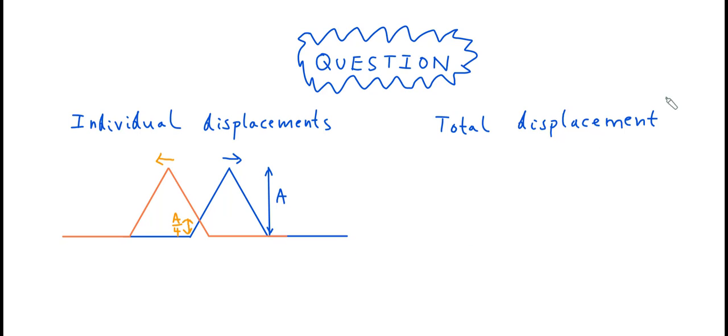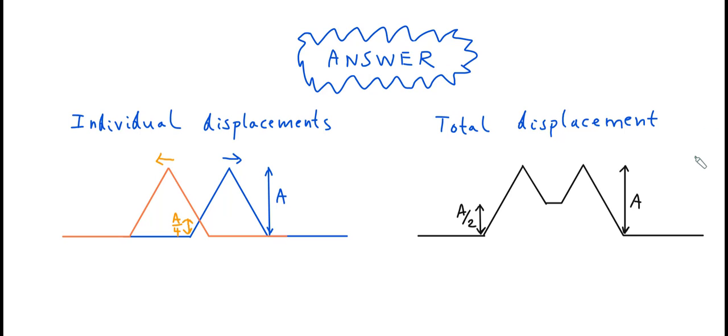Okay, so hopefully you got something like this. At this point here, where the displacements are a quarter A, of course the total displacement there will just be A over 2, half A, right?